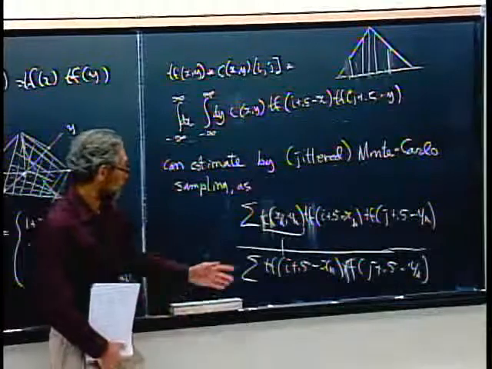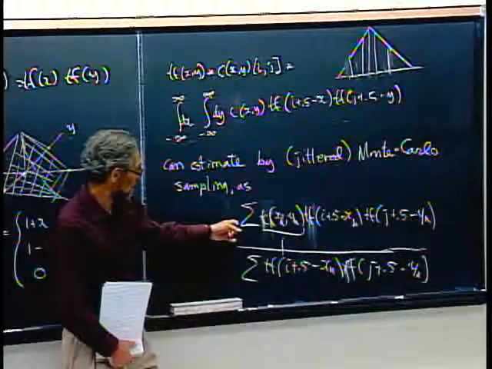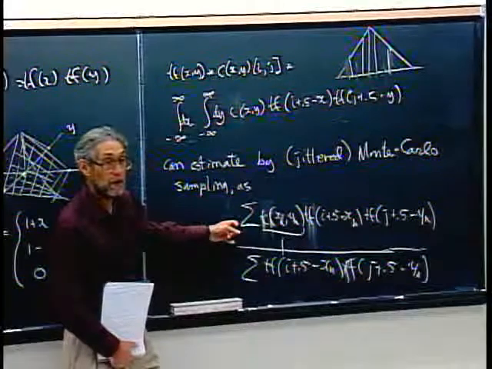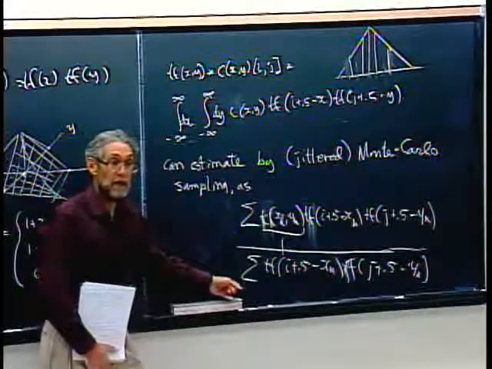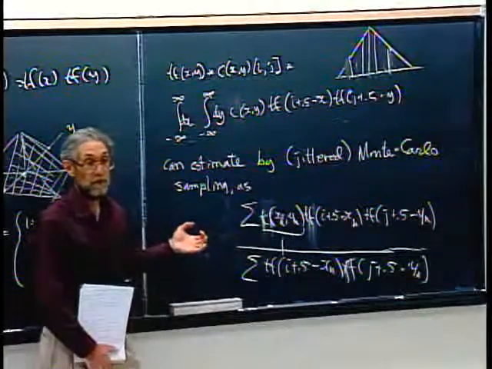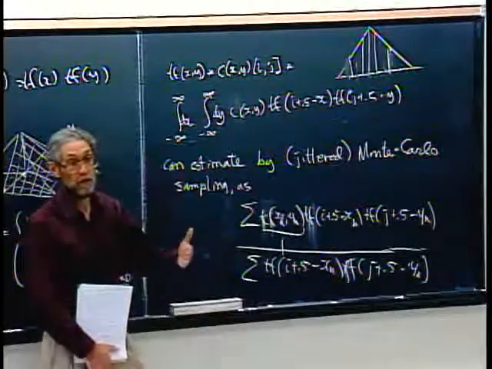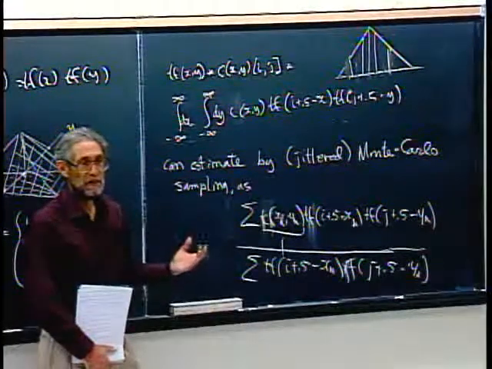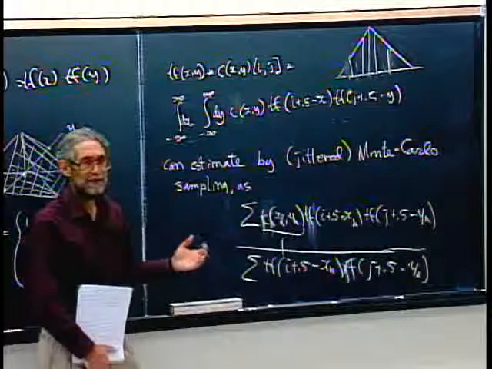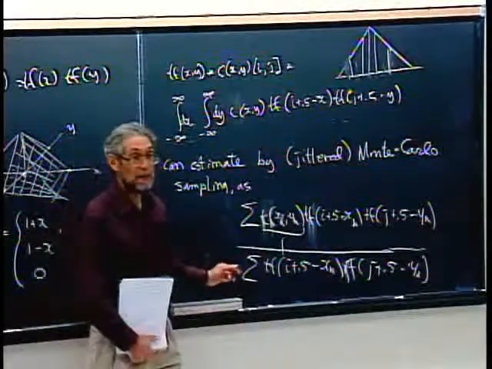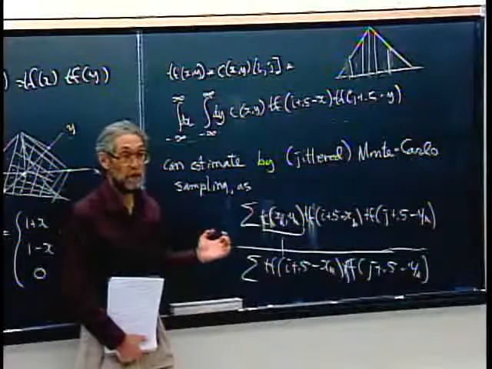But because this expected value of the numerator is the true color, and the expected value of the denominator is 1, if you take enough of these samples, you're still going to converge to the right answer, even though you sort of, how can I say it? This might not be an unbiased estimate if you take a small number of samples.